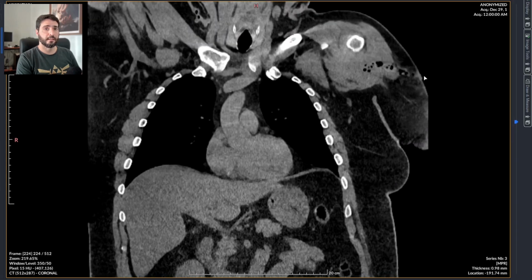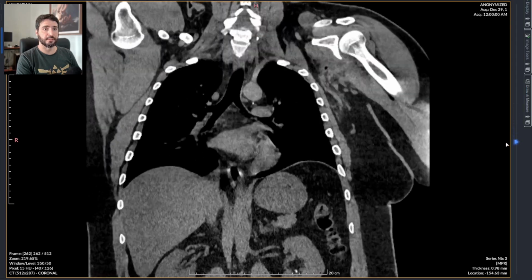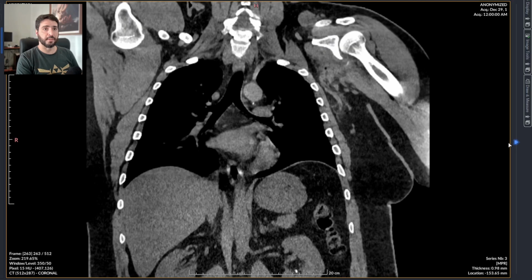So this is it. This is the stab wound right here. He was stabbed on the shoulder and the blade got to his axillary region right there. So let's see how deep the cut got, how deep the tip of the blade.